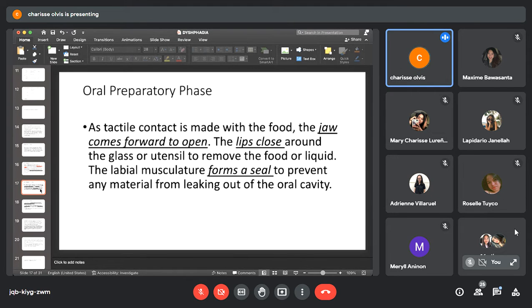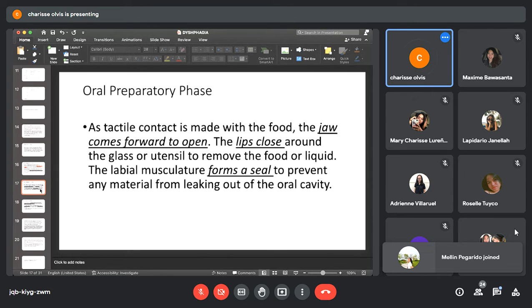Our reflex is our jaw comes forward to open, and then after it opens, the food is put in the mouth, the lips close around the glass or utensil, glass if liquids, or utensil to remove the food or liquid. Our lips or labial musculature form a seal to prevent any material from leaking out of the oral cavity.